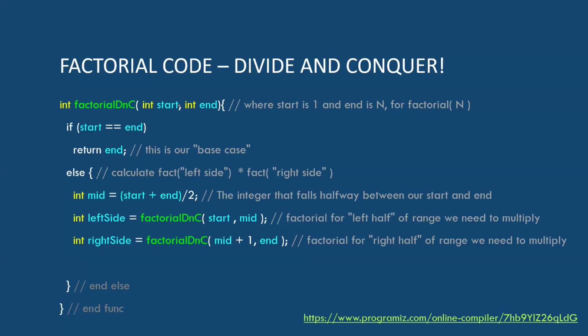So if we go down the left side with that first recursive call, you can imagine us coming back, but then we have to go down the left side again, and again, and again. So we're branching in the left direction as far as we can go until we reach our base case.